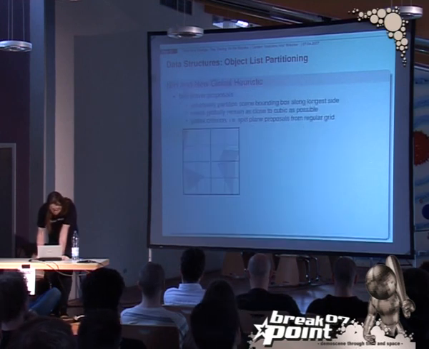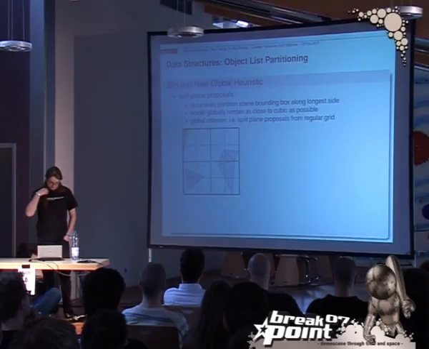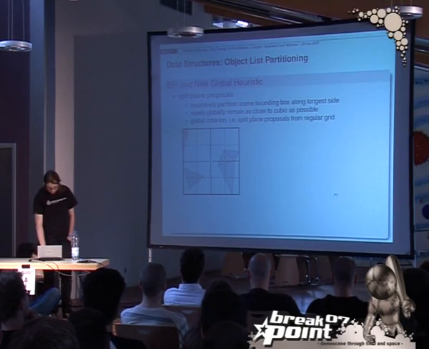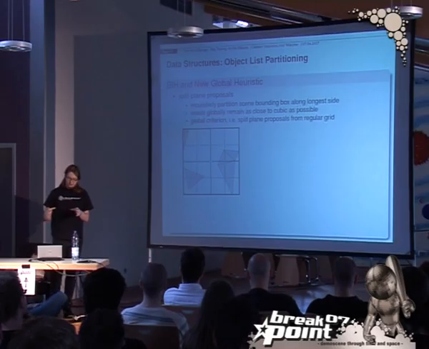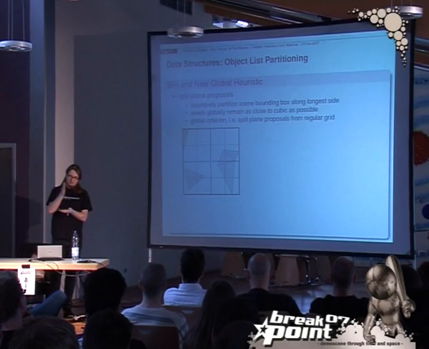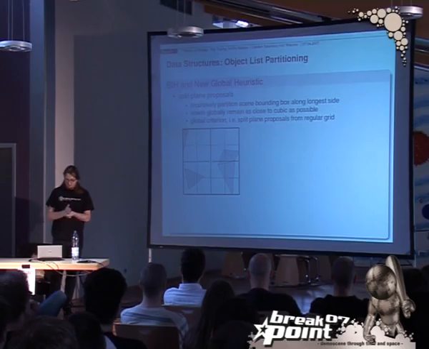So, and then there's the global heuristic I talked about. The thing is, I told you about the heuristic for the KD tree, where you have the node volume, and you pick the exact middle of this node, of the volume on the longest axis, exactly the middle.